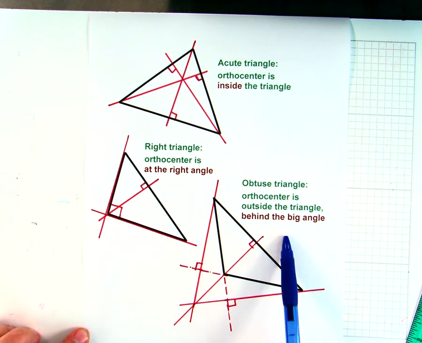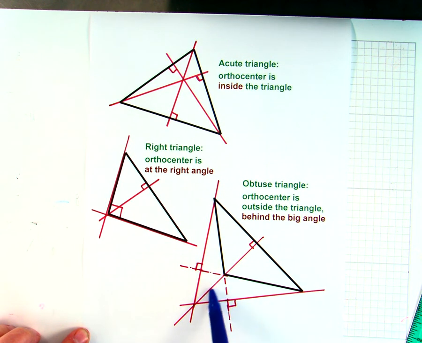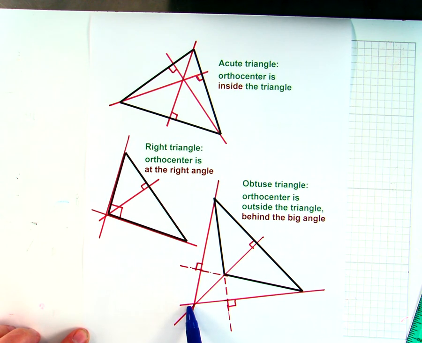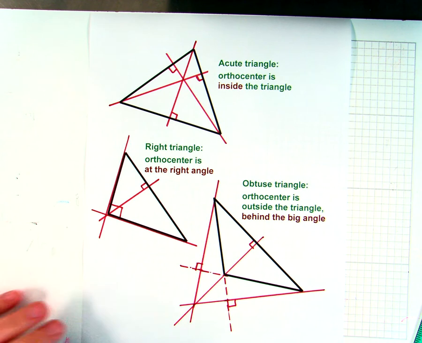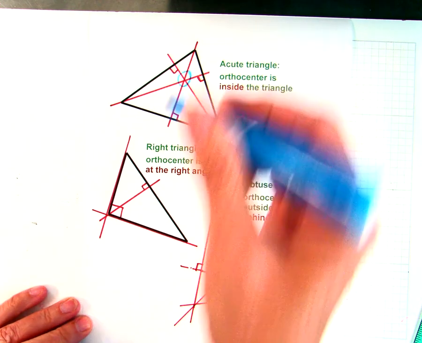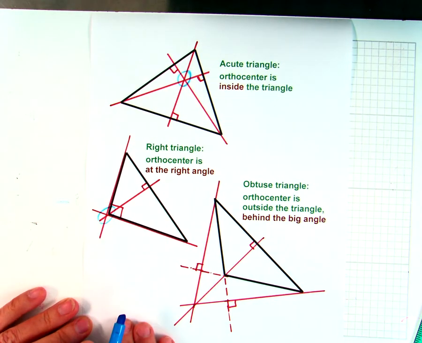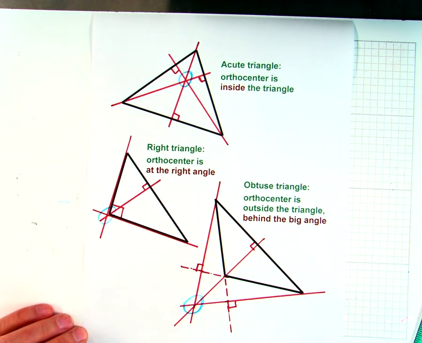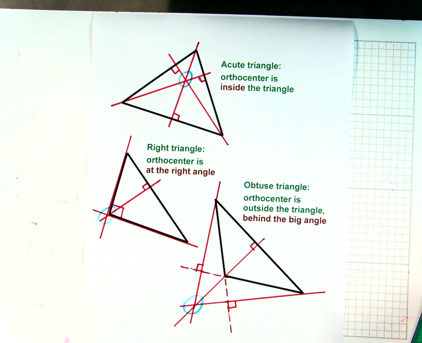In the obtuse triangle, it keeps on moving. It was inside, then at the right angle, and now that it's obtuse, it's out here in the back, behind it. So we have the orthocenter inside for an acute, on the right angle for a right triangle, and behind the big angle in the obtuse.